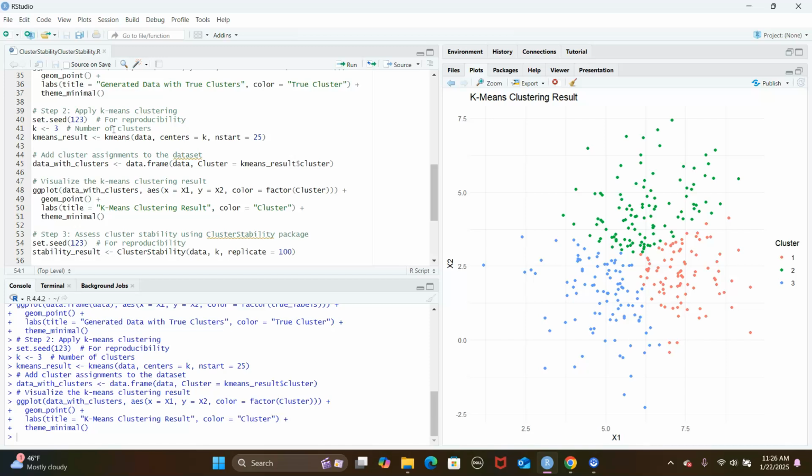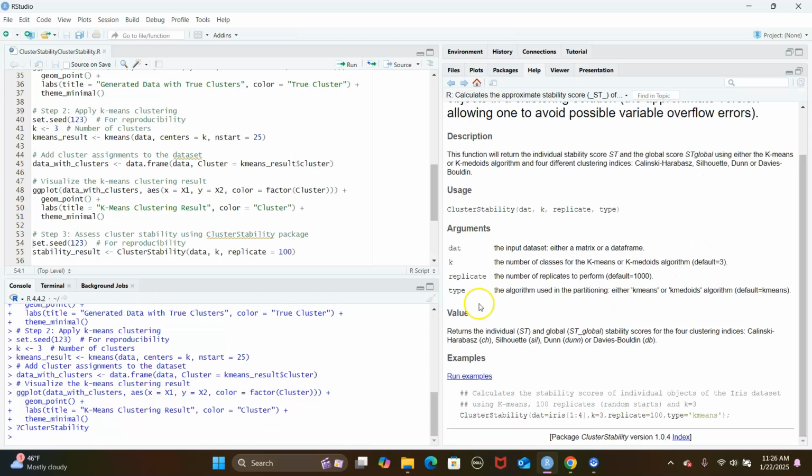Okay, so this is the help function. You can see it's quite simple.